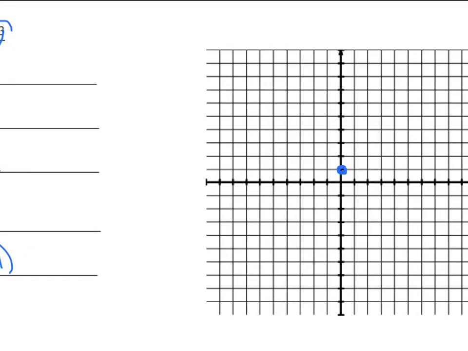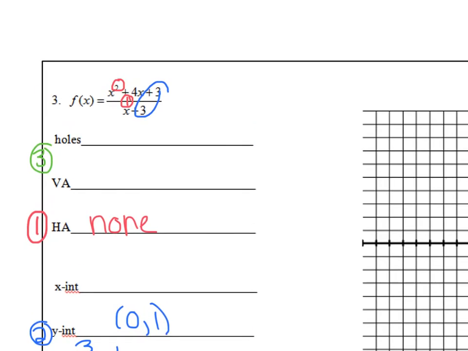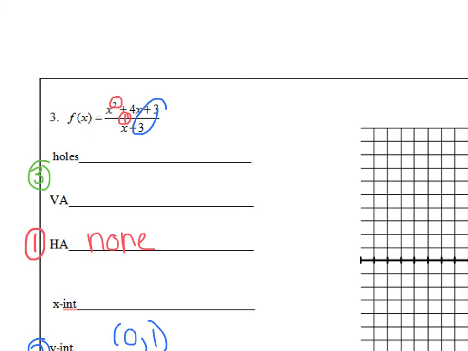So now we're on to our holes and our VAs. And remember, every time we look for those, we need to factor. So I look at my top, x squared plus 4x plus 3. So we're looking at Santa hat for the top. 1 times 3 is 3. Factors of that add up to 4.